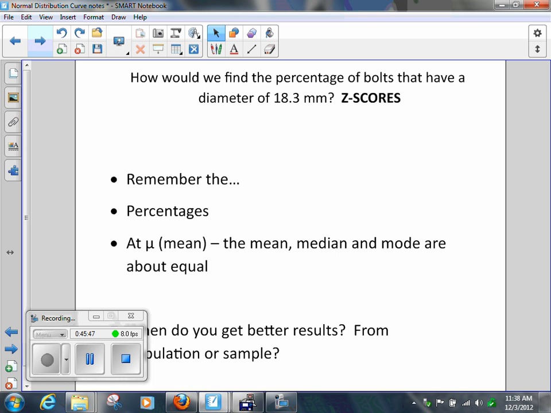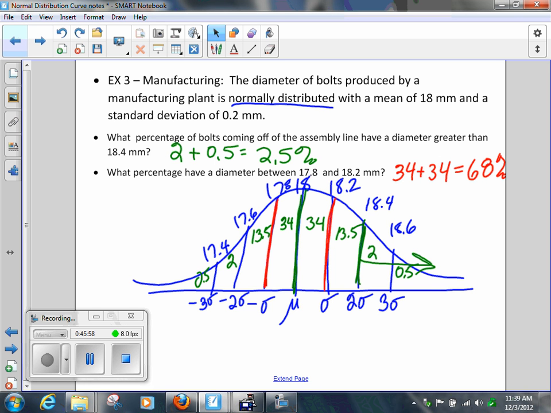Tomorrow I'm going to have a video on Z-scores. Folks, what's going to happen when we're working on problems and it says, look at this graph, and it says, well, what percentage of bolts coming off the assembly line fall between 17.6 and 18.5?